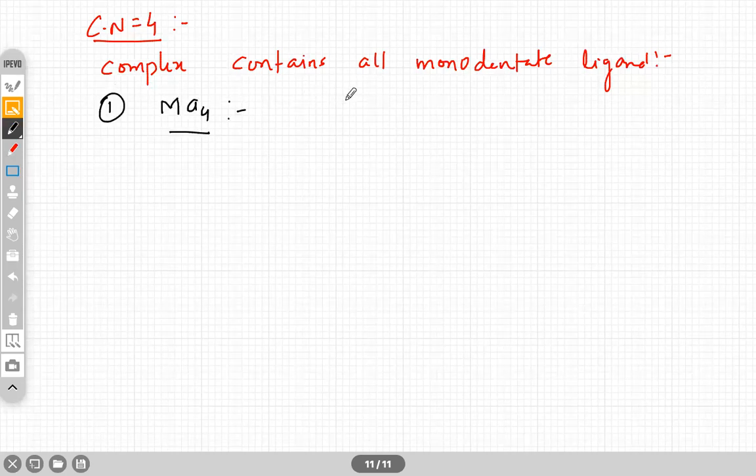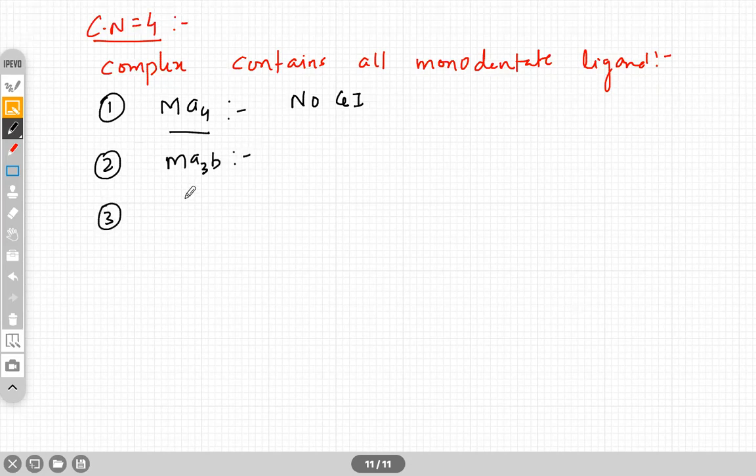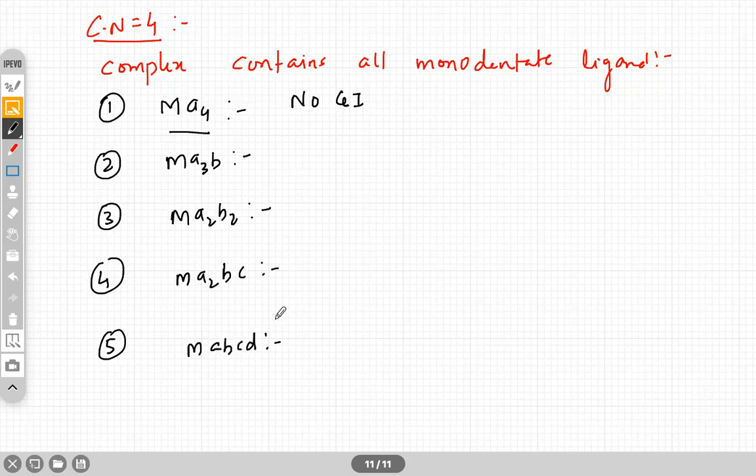Do we have any GI in this? No GI present. If you write down MA3B type, what is the number of GI? MA2B2, MA2BC, MABCD. Number of GIs in this.